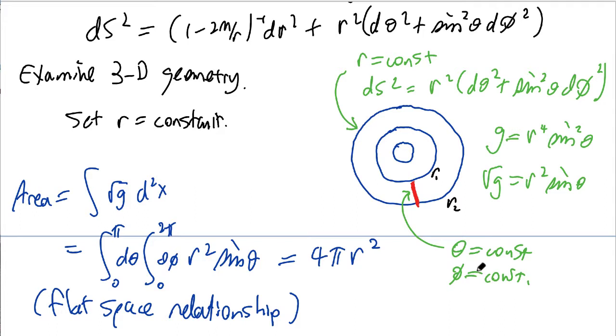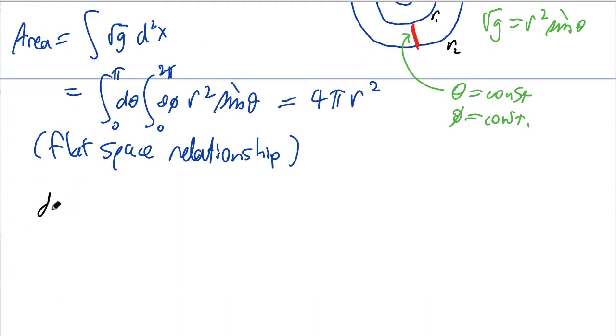All right, if we set theta and phi equal to constants, then d theta is 0, d phi is 0, and ds squared is just 1 minus 2m over r inverse dr squared. So we have ds is equal to 1 over the square root of 1 minus 2m over r dr. And now we can integrate that to find the total distance from r1 to r2.